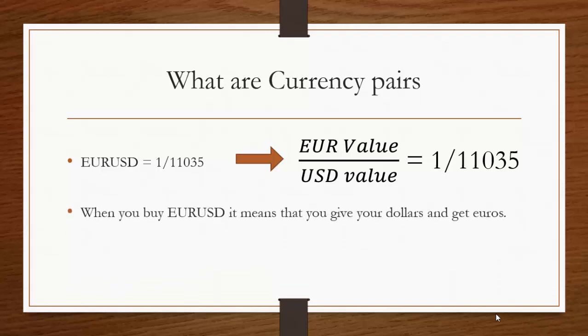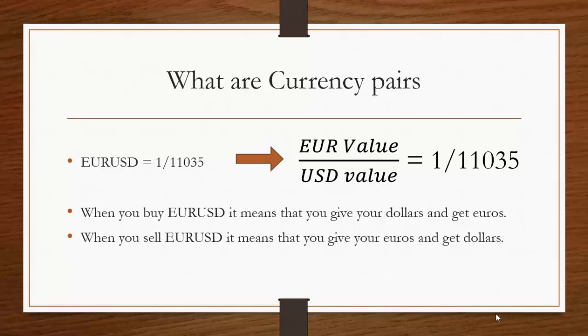When you buy Euro USD, it means that you give dollars and get euros. When you sell Euro USD, it means that you give your euros and get dollars.